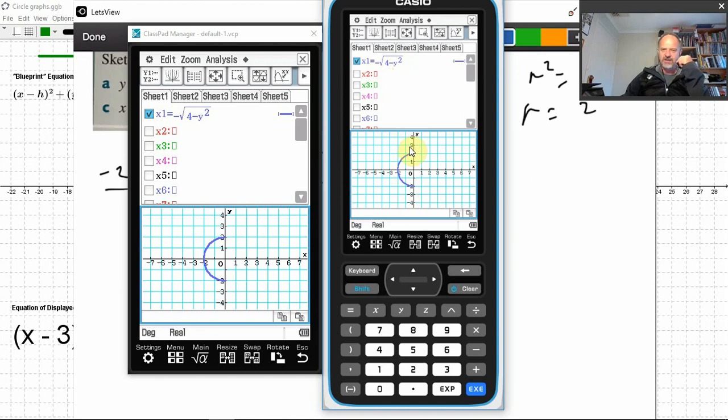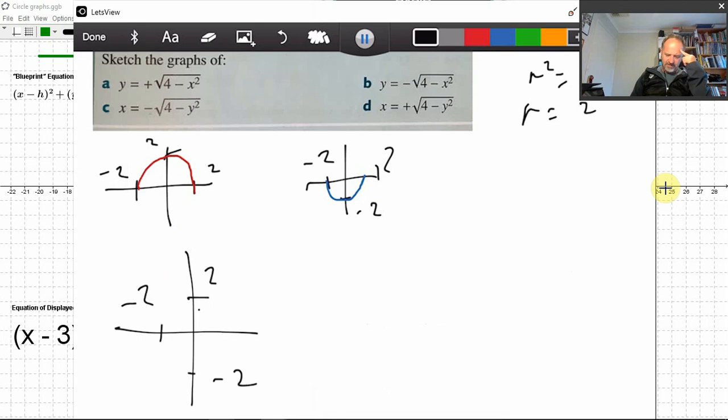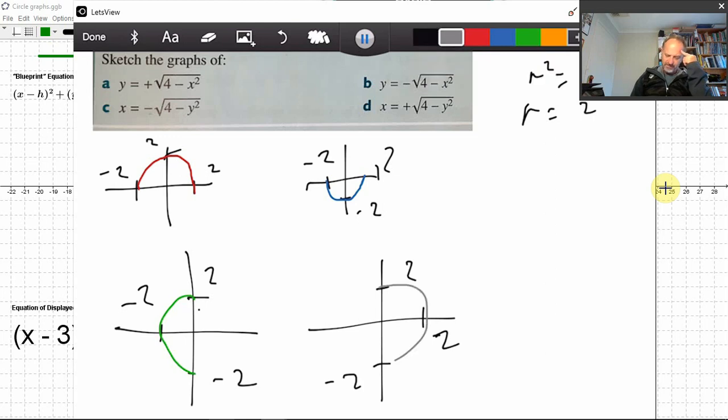All right, so if we go back to here, so for C, we have this one here. And then for the last one, for D, we've got one that looks like this here.